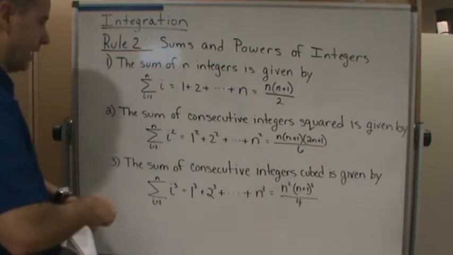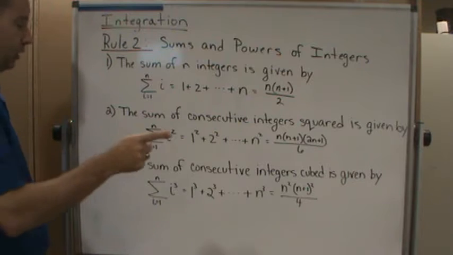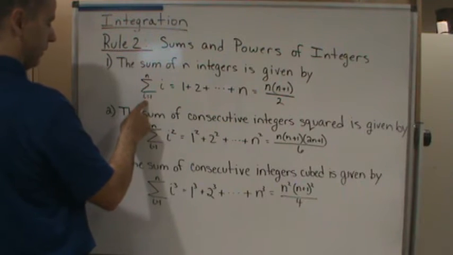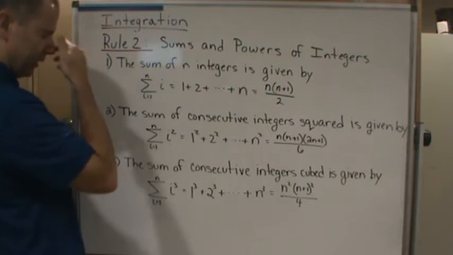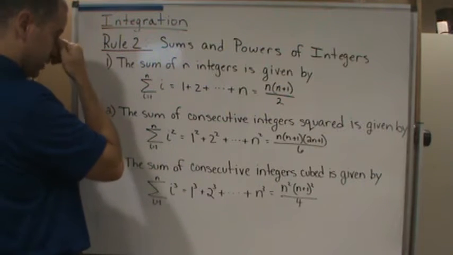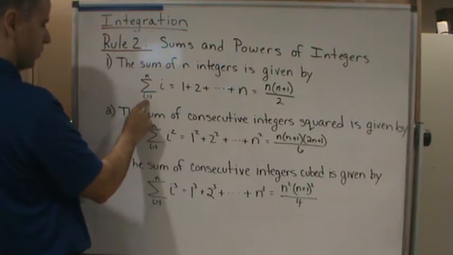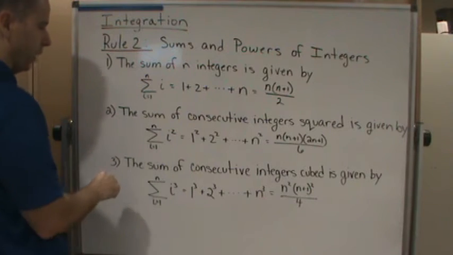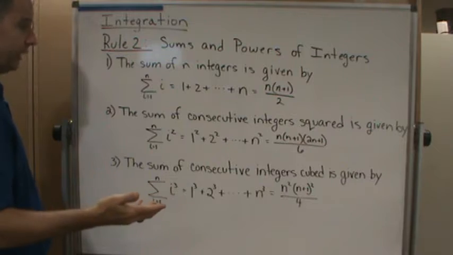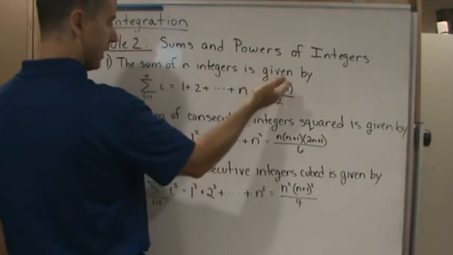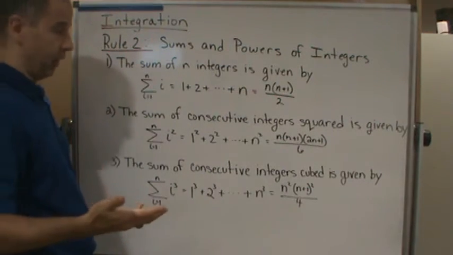So for example, in one of the things in the first video, when we were introducing summations, one of them was a summation of 1 to 20. Well, if I wanted to sum the first 20 integers from 1 to 20, then all I would do is 20 times 21, which is 441.